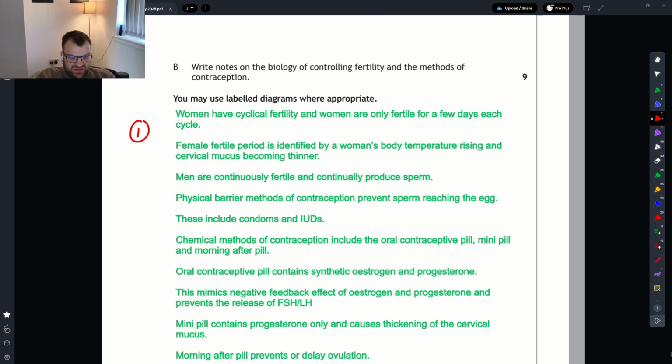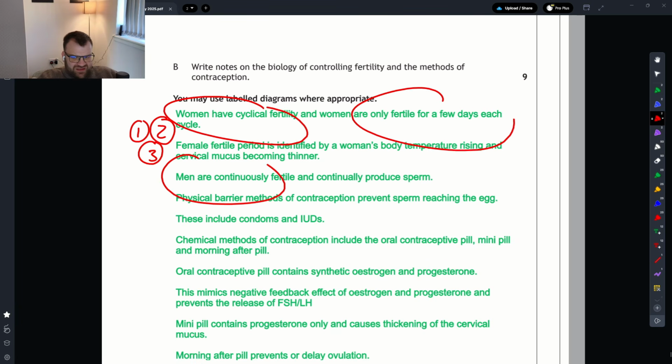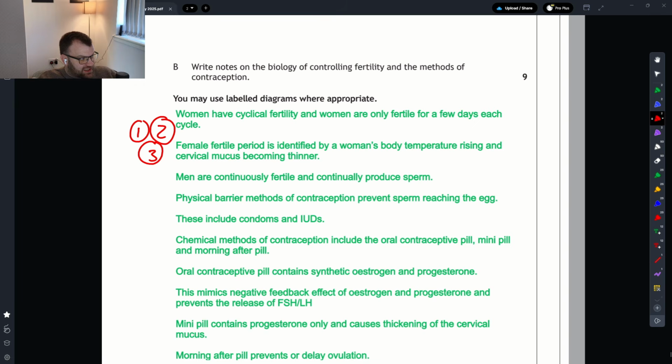So that's actually 1, 2, and 3. So like this part and this part for 1, this part for another, for that. Oh yeah, and you get the 4th one. So 4 within those ones, I've just kind of split it up. They've put the continuous and cyclical together, then fertile a few days, and then 1 for that. That looks so bad. Never mind.